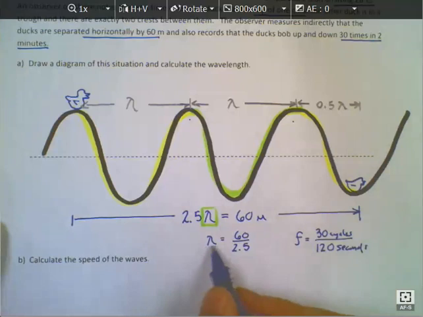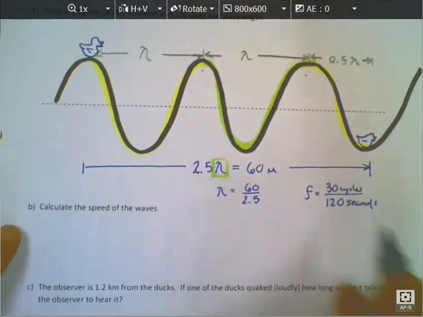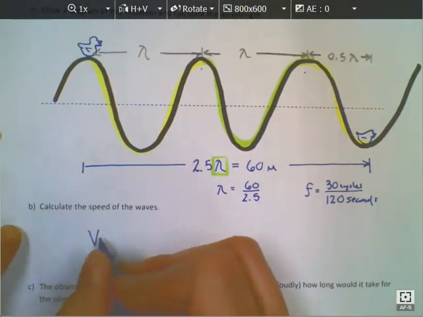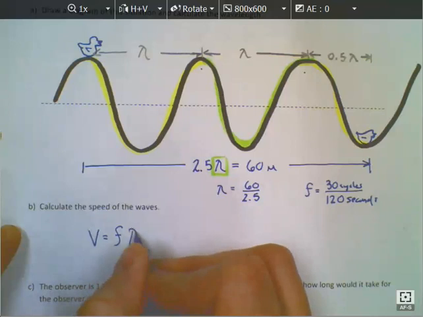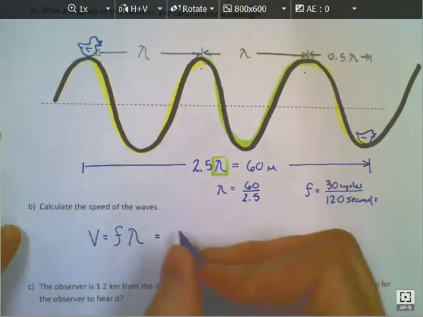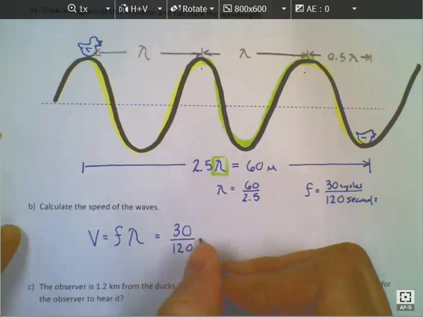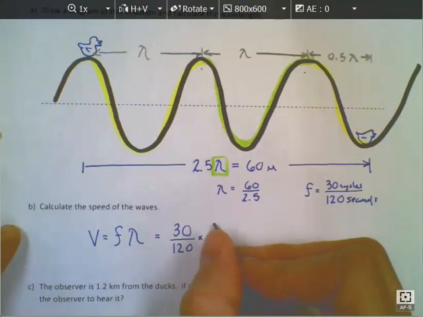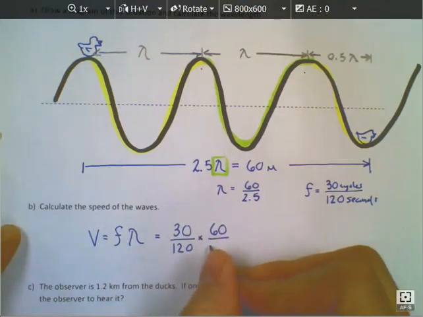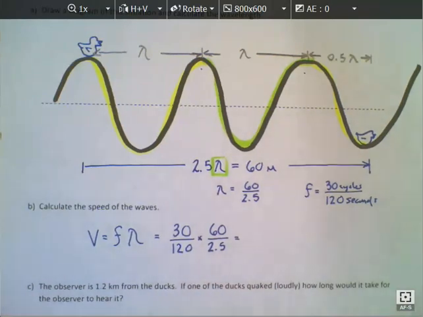We know our wavelength, we know our frequency, so the last part is to find the speed of the waves. Speed is frequency times wavelength. So the frequency was 30 over 120 times 60 over 2.5. You can put this in your calculator to get your result.